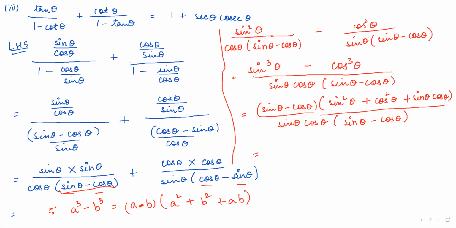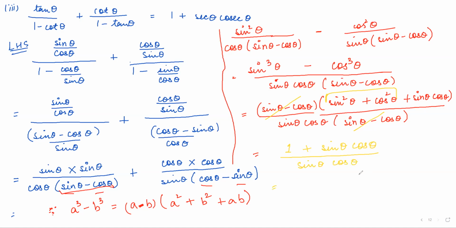Now you see here, this whole bracket sine theta minus cos theta will cancel out with this bracket. Now this sine square theta plus cos square theta will become 1. So I have 1 plus sine theta into cos theta, and in the denominator I again have sine theta into cos theta.